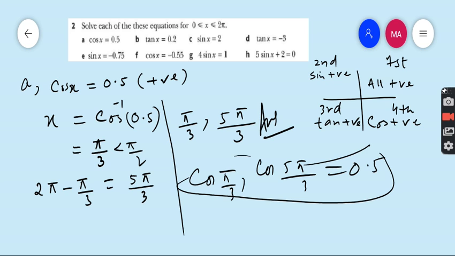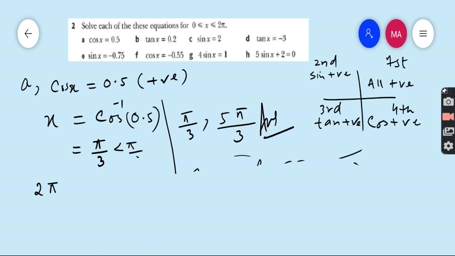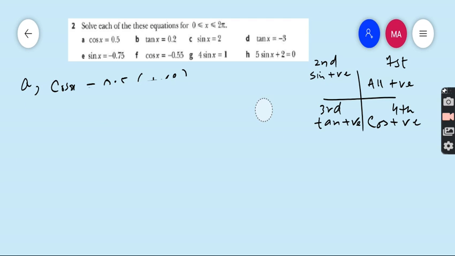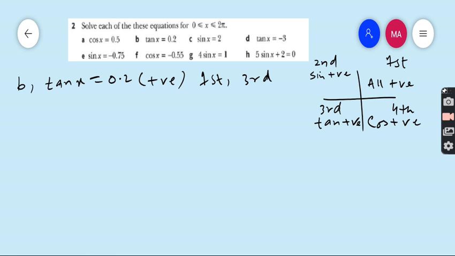Hope you understand. Come to part B. Part B is tan x is equal to 0.2. Again, the value 0.2 is positive, and tan is positive in the first and third quadrants.